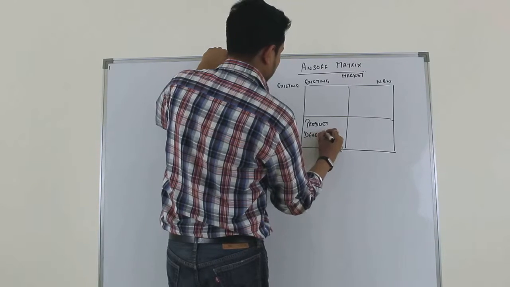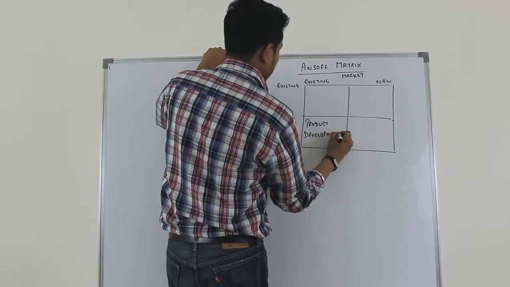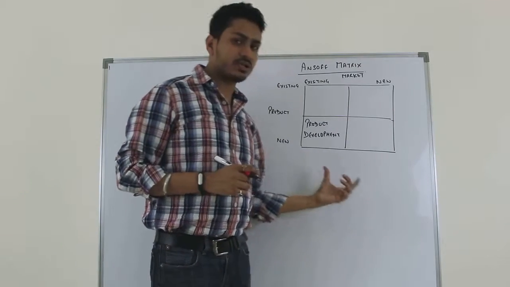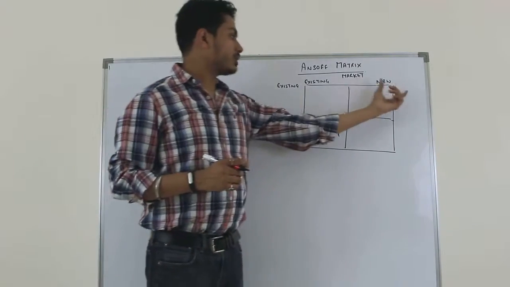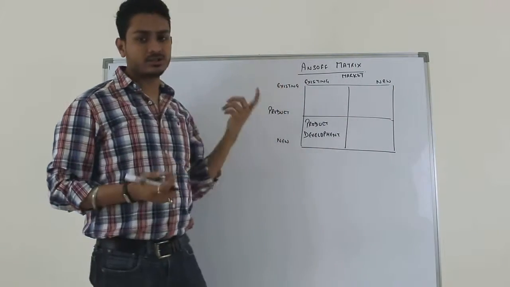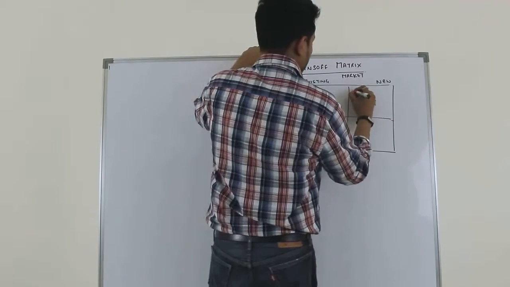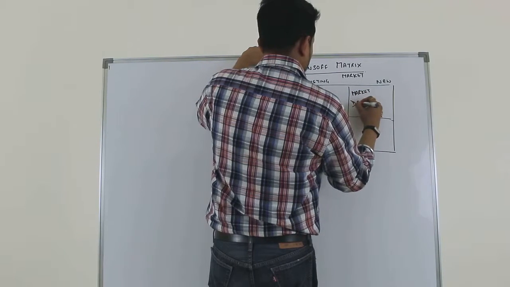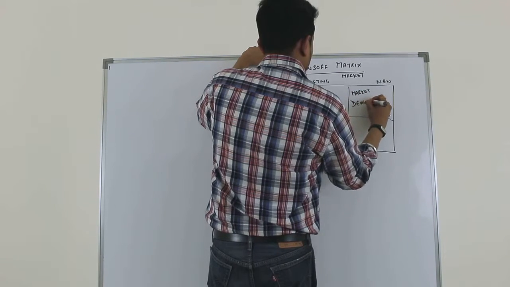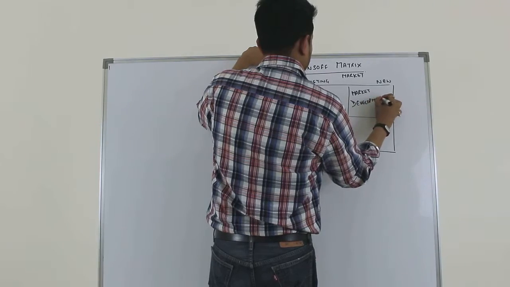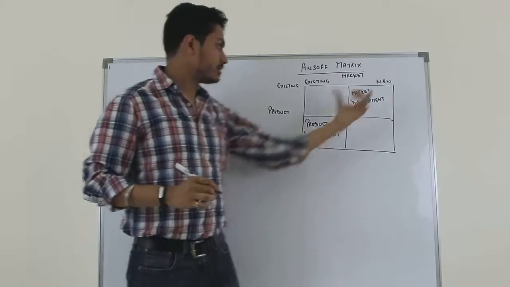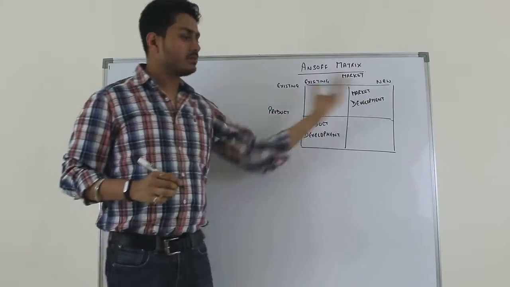So new and development go hand in hand. Similarly, to make it easy to remember, when you have a new market and an existing product, that is called market development. So new product, existing market is product development, new market and existing product is market development.